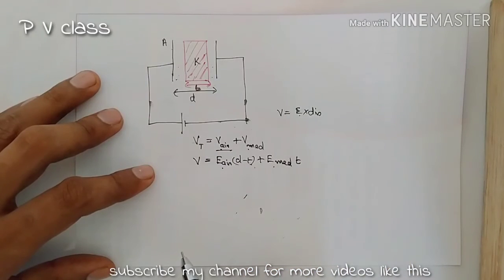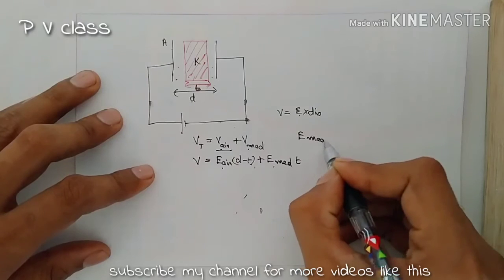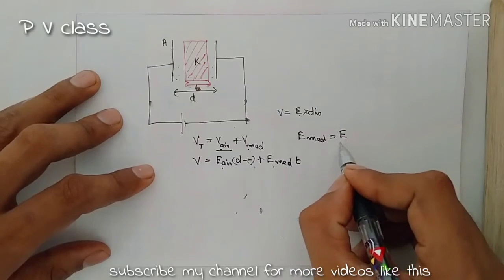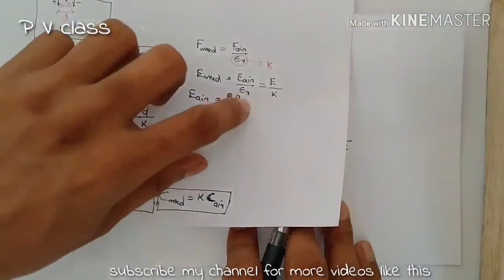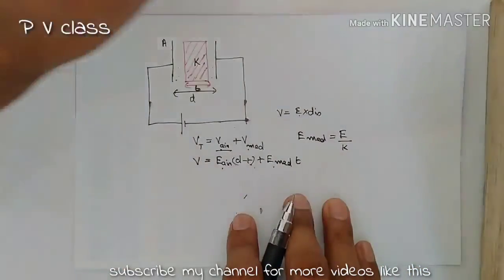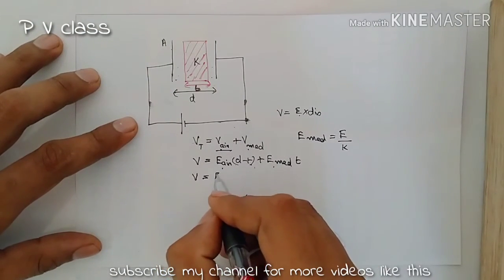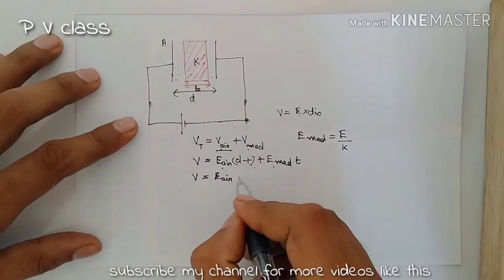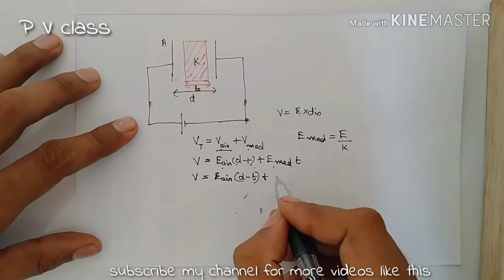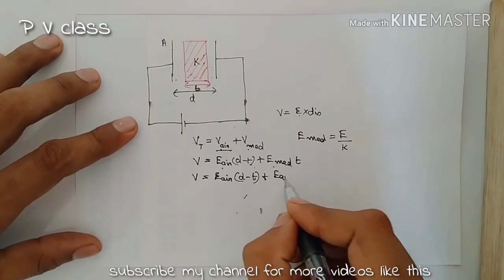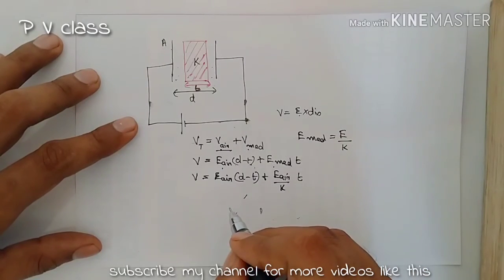Clear? Then we already know electric field intensity in medium is equal to electric field intensity in air divided by K. We have studied it in our previous derivation. Therefore, we could write potential is equal to electric field intensity in air into D minus T, plus electric field intensity in medium, which can be replaced as electric field intensity in air divided by K, into T. Clear?